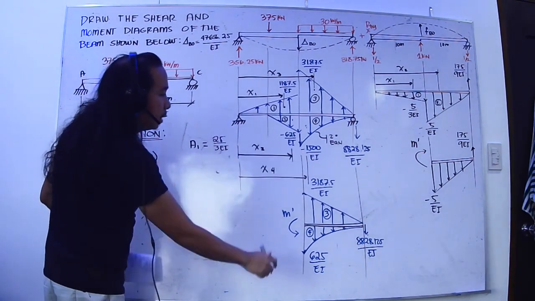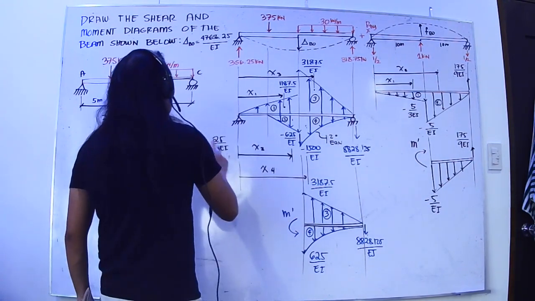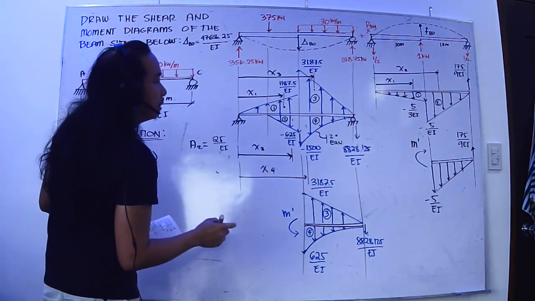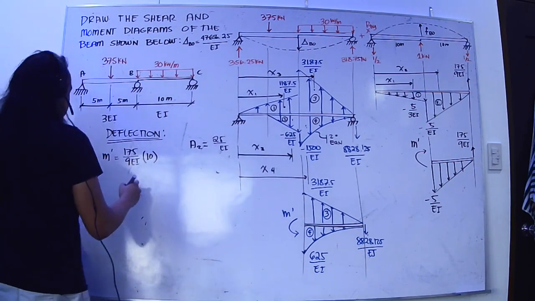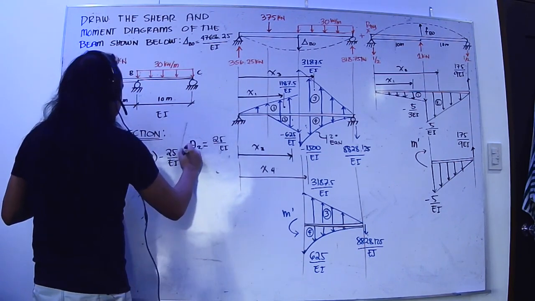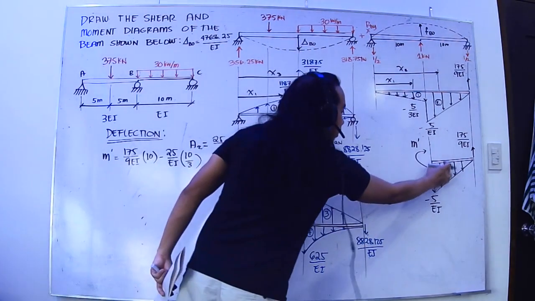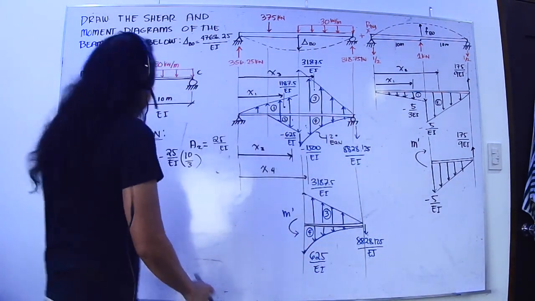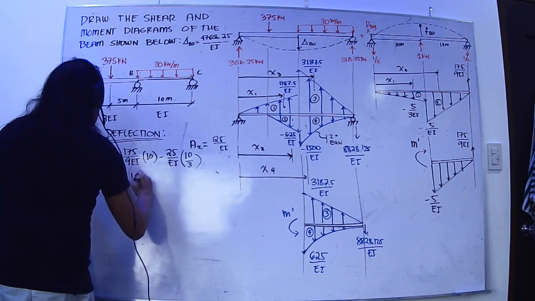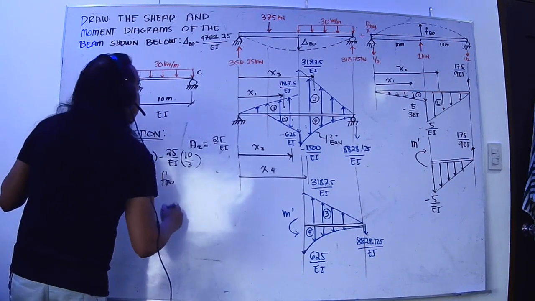Minus the quantity for number 2, 5 times 10, so minus 25 over EI times its moment arm, which is just 10 over 3. I hope you followed that. M prime would just be equal to 1000 over 9. This is our BO. Okay? This is our BO.